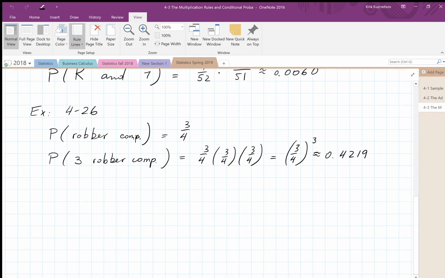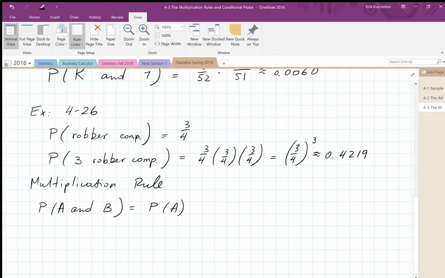My next formula is the multiplication rule number 2. It states that the probability of event A and B is equal to the probability of A times the probability of B, given that the event A has already occurred.